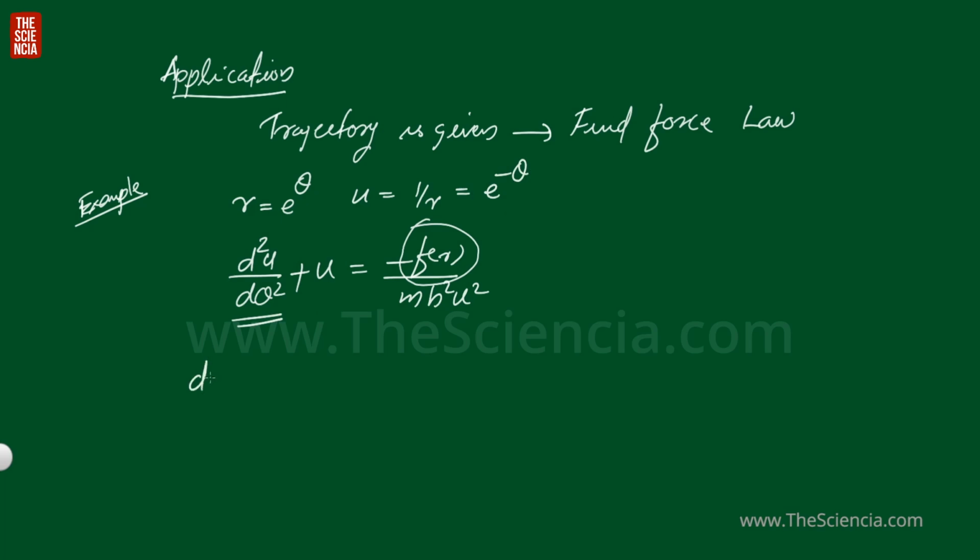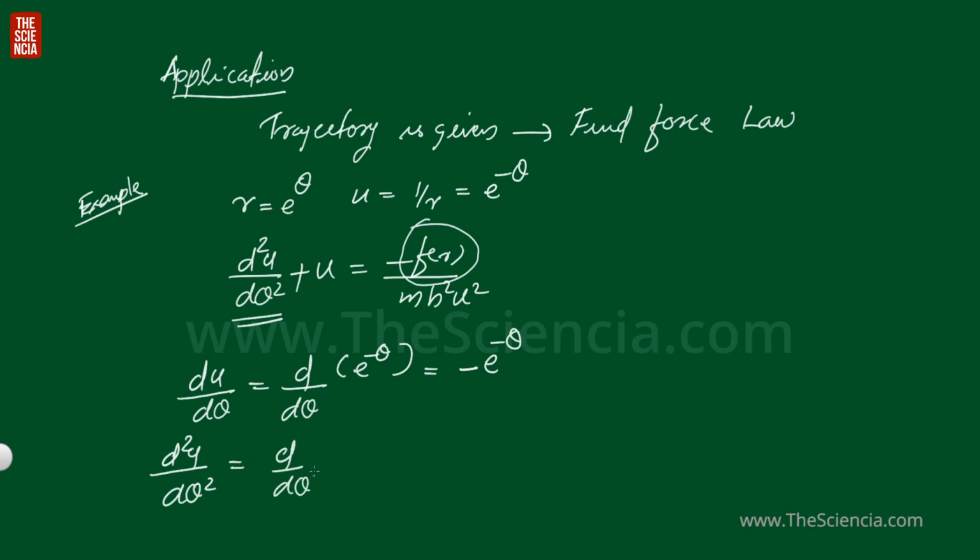So first you have to find out du by d theta, that is equal to d by d theta of u, that is e raised to minus theta, and the derivative of e raised to minus theta is minus e raised to minus theta. Now we have to find out d square u by d theta square, that is equal to d by d theta of du by d theta, that is minus e raised to minus theta, and we get this is equal to e raised to minus theta.